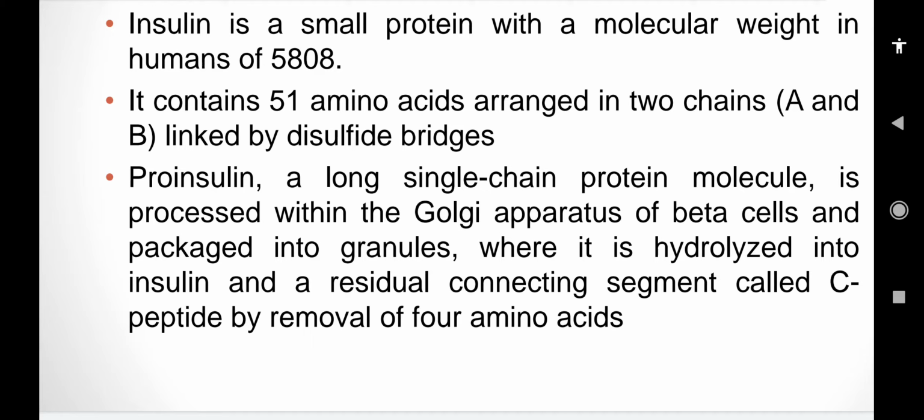By the removal of the 4 amino acids, we get what? Insulin. And from which reactant? That is proinsulin.